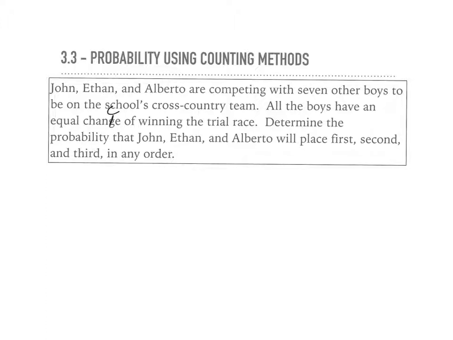Okay. Now, this is not just how many ways can they place first, second, and third. It's what's the probability that they'll place first, second, and third. So what we need to think about here is how many ways can they place first, second, third, and then also how many ways can all the boys in total place first, second, third?